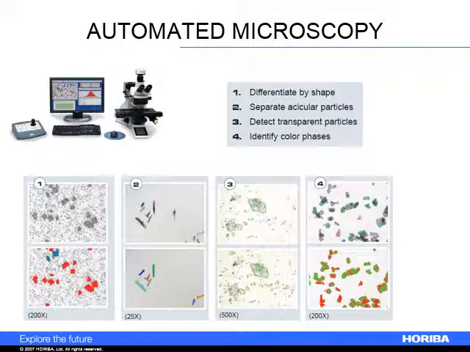Later on in time, some of the particle size companies and manufacturers developed much better systems for automated microscopy, which is a fairly popular way to do things today for pharmaceuticals or other things that you can look at on an optical level.